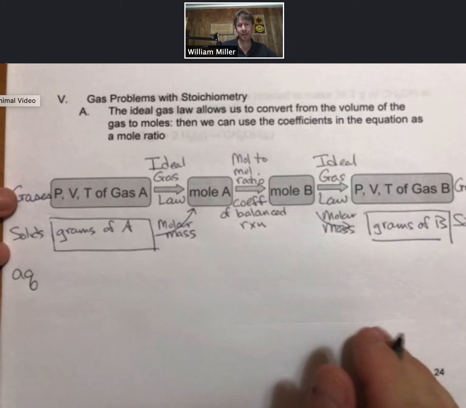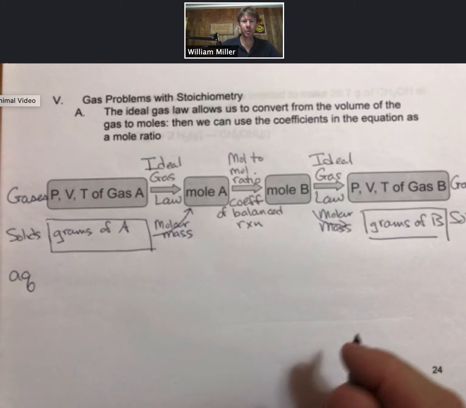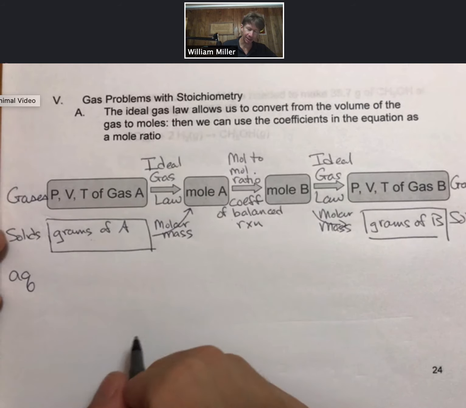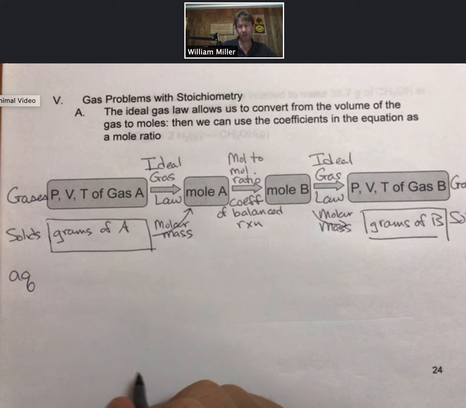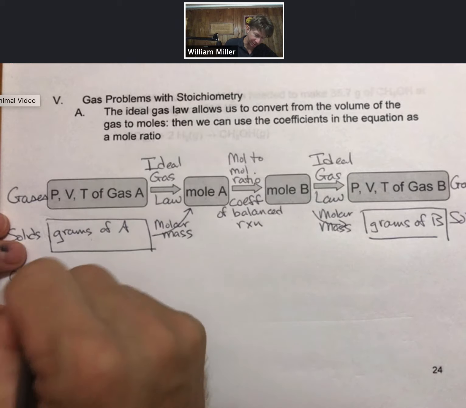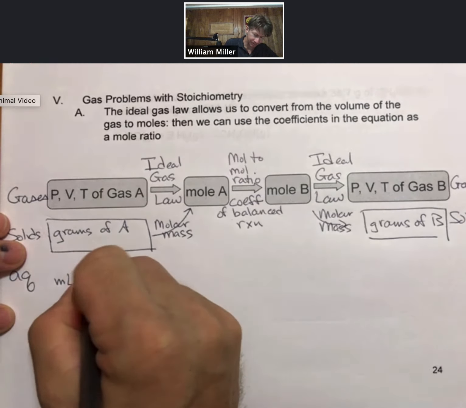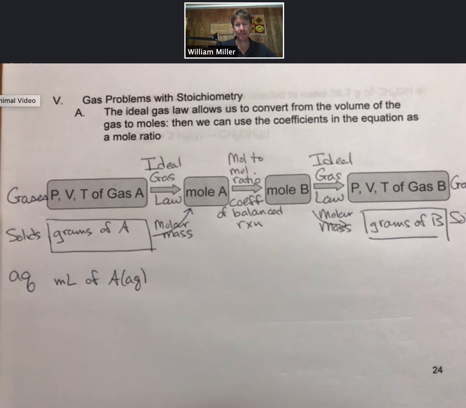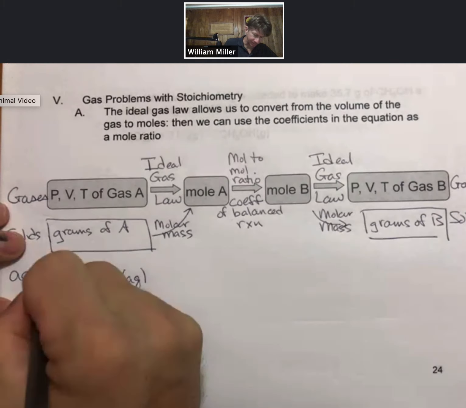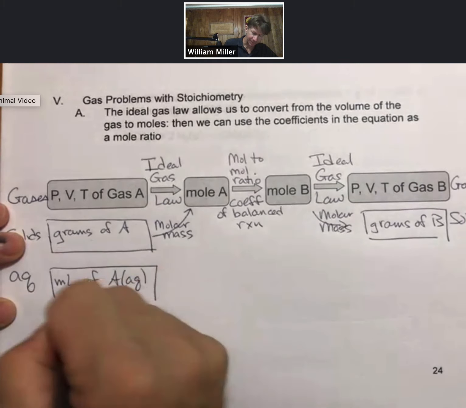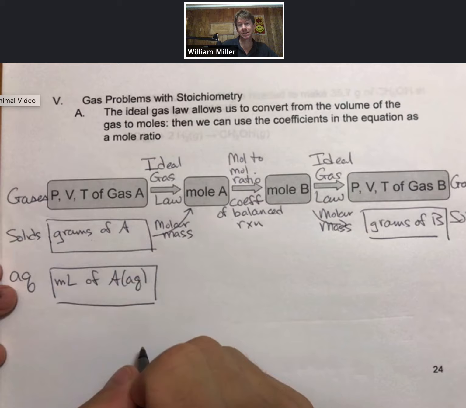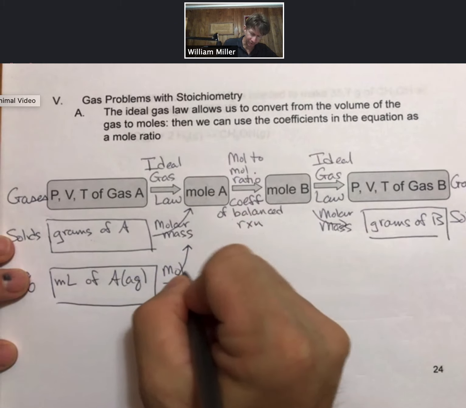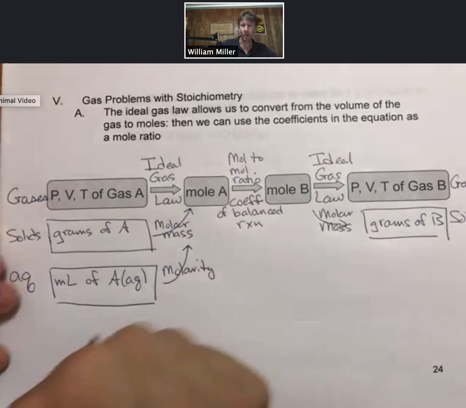When you're dealing with the aqueous phase, to get mole information, you're typically given milliliters of solution, or a volume of solution, but I'll write milliliters. So some sort of aqueous solution. And you're also given a molarity. And it is the molarity that allows you to convert into moles.